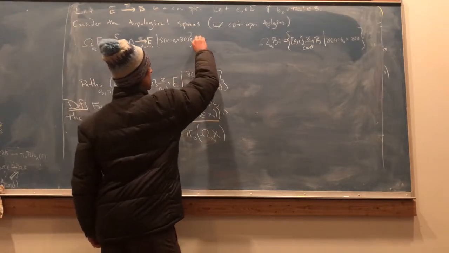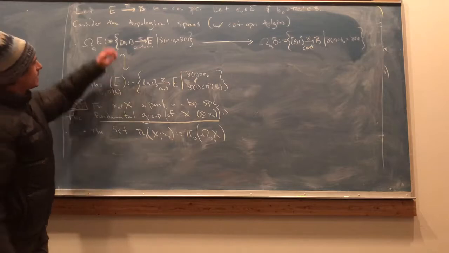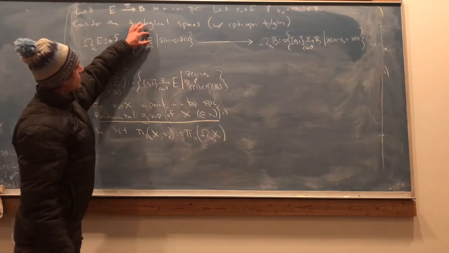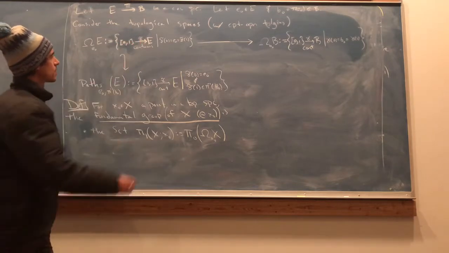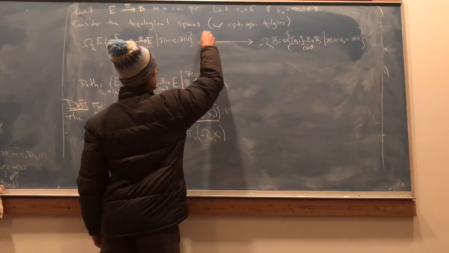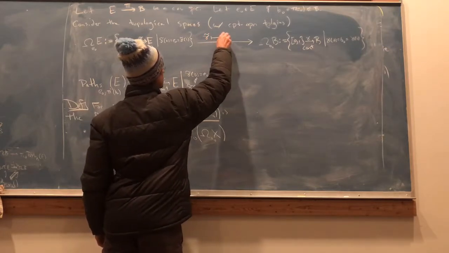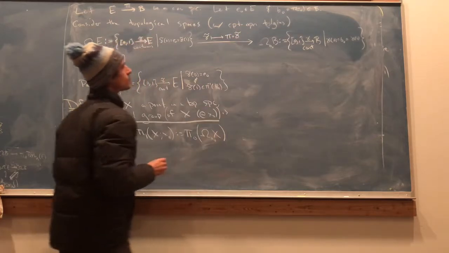There's obviously a map of topological spaces like this. Indeed, given a path in E, that determines a path in the base. Just post-compose by pi, the covering map. So this is given by gamma tilde goes to pi composed with gamma tilde.